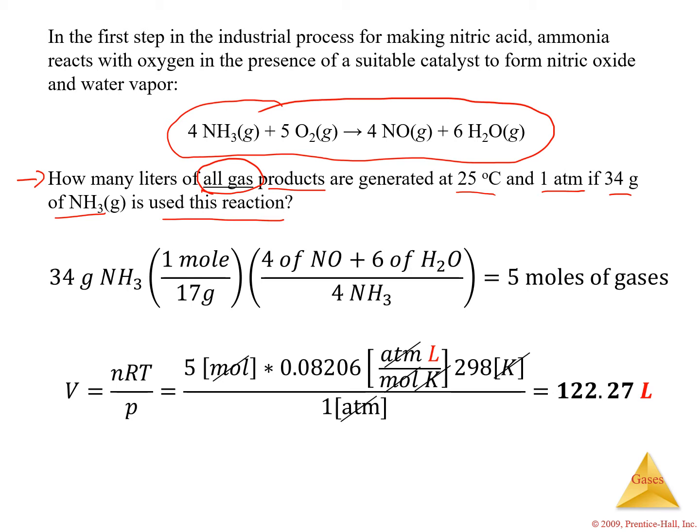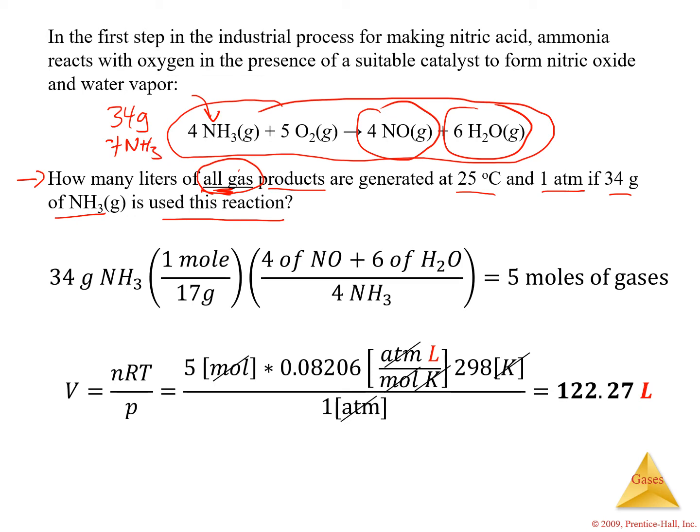So all gases, and that's very important, means this as well as this. So 2 of them. And the information given to you is that I have 34 grams of ammonia.